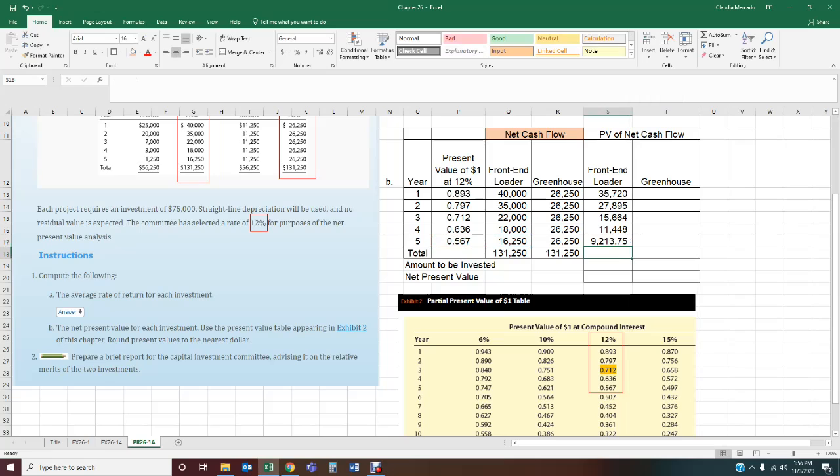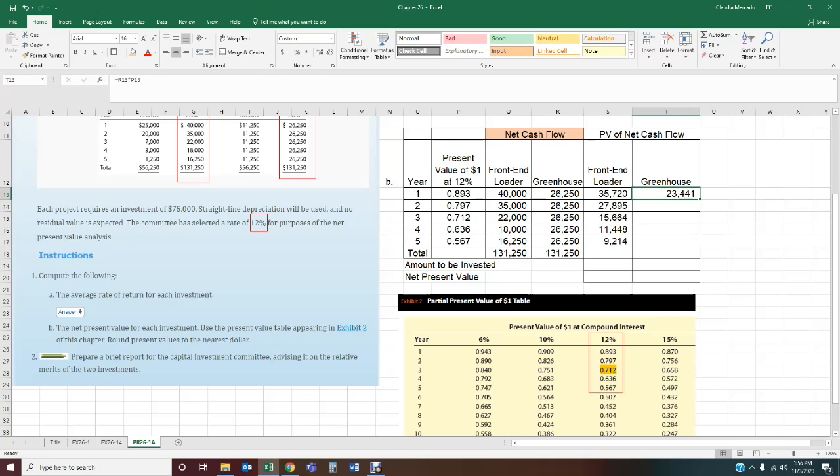Now you're going to do the same thing, and we're going to round this to the nearest dollar. Okay. For the greenhouse, you're going to get your cash flow from the greenhouse, which is the 26,250 times the rate. Now if you notice, they're all the same. 26,250.